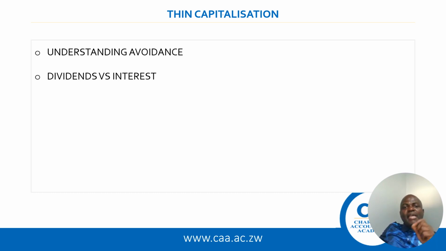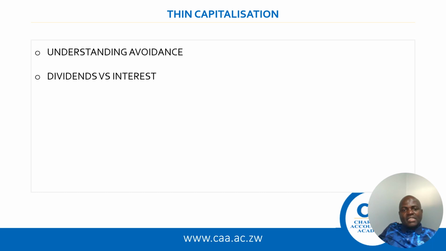So it may well be that Zimbabwe has a higher tax rate, for instance. Therefore, it would be advantageous to pay this dividend as interest, so that the company that made this profit will have a smaller taxable income because you will have upped your allowable deductions.